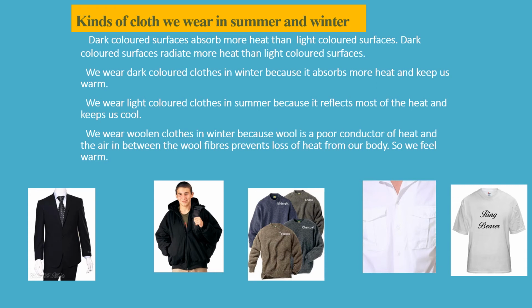Wool is a fluffy fiber with a lot of air gaps between the fibers, and the air gaps are insulators. They do not allow heat to pass out of our body. So heat gets trapped inside because of these fluffy woolen fibers and we feel warm. This is why we wear different clothes during summer and winter, and why we wear woolen clothes during winter to protect from the cold outside.